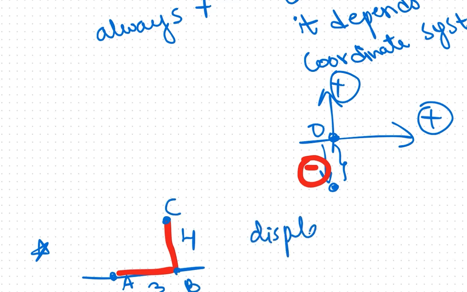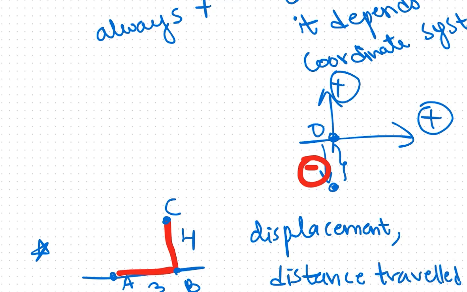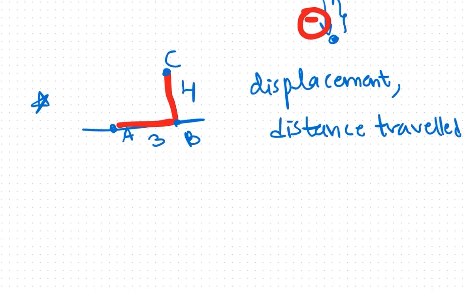What is the displacement? Distance doesn't have direction, right? So would you just add it, like 7 units? Yes. Distance traveled is the total distance, the original path, 3 plus 4.